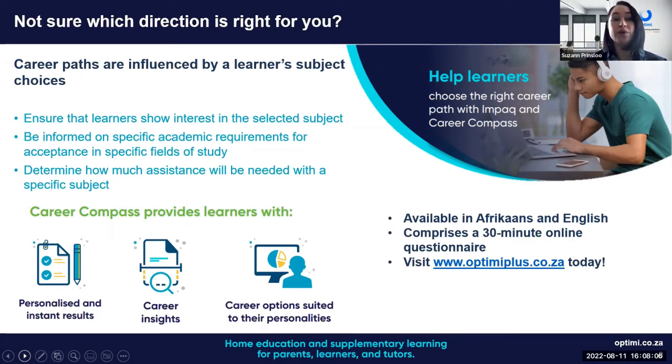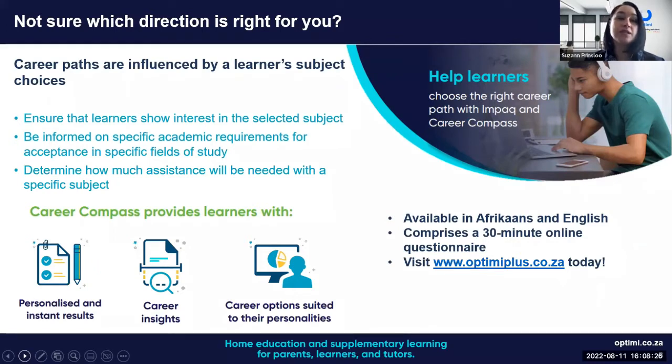Will they perhaps go to university or a technical college or to some form of vocational studies that they want to complete? But they need to have an idea of what those requirements will be if they decide to go and study further. And this is where a lot of research comes in.